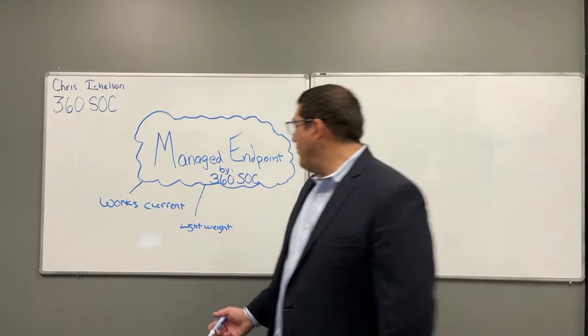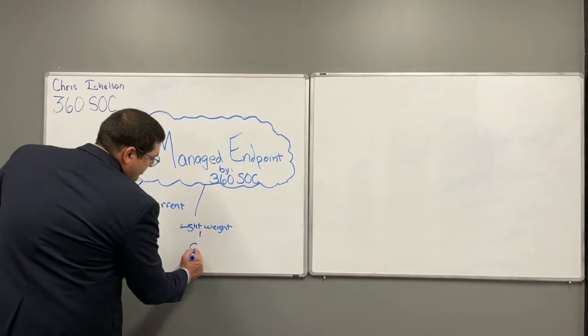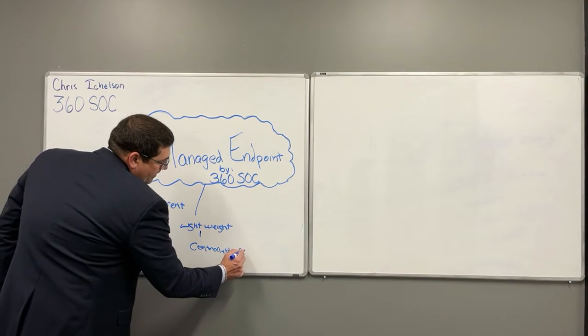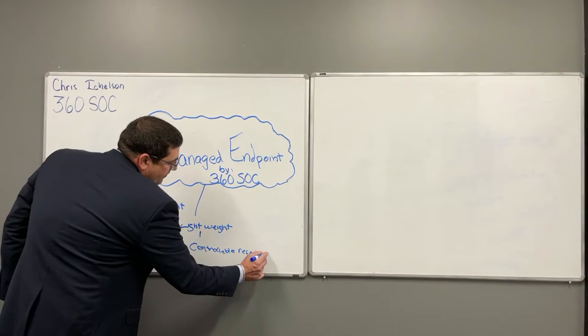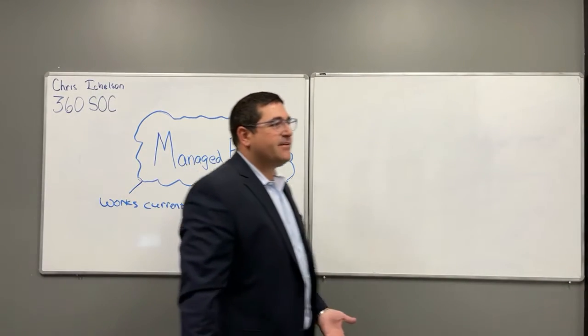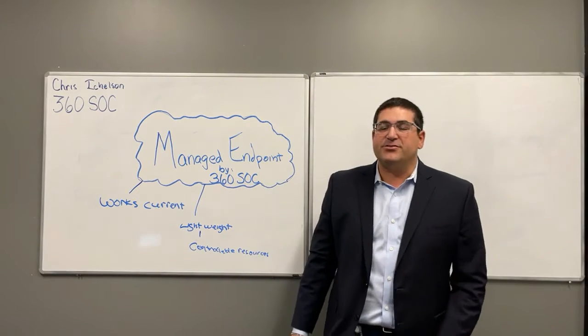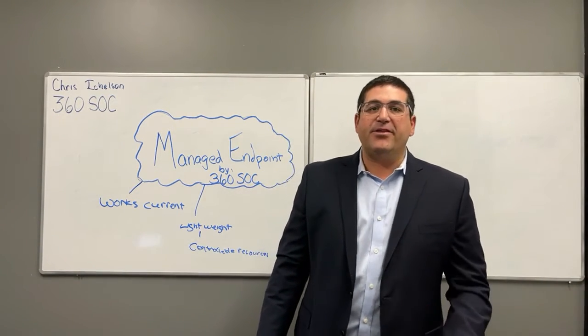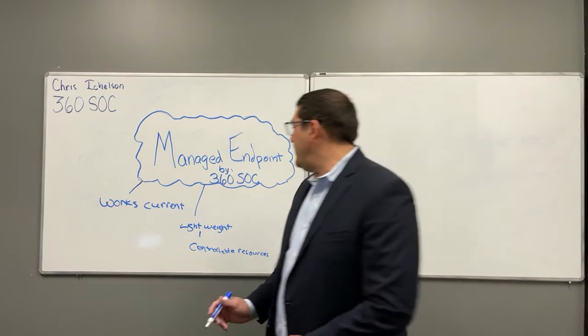Is it controllable? That's another thing. Controllable resources. So our managed endpoint security solution is a lightweight agent that's going to live on top of your current EDR solution: lightweight, controllable, and you can monitor it. We can throttle it back or we can increase those speeds.